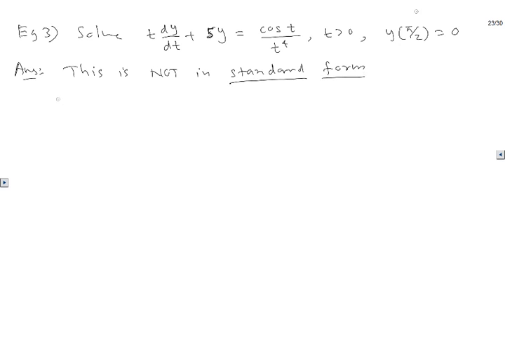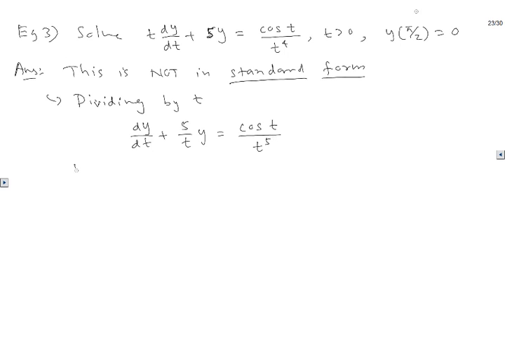So dividing by t, we have dy over dt plus 5 over t y equal cosine t over t to the 5. So that's what happened after you divide.